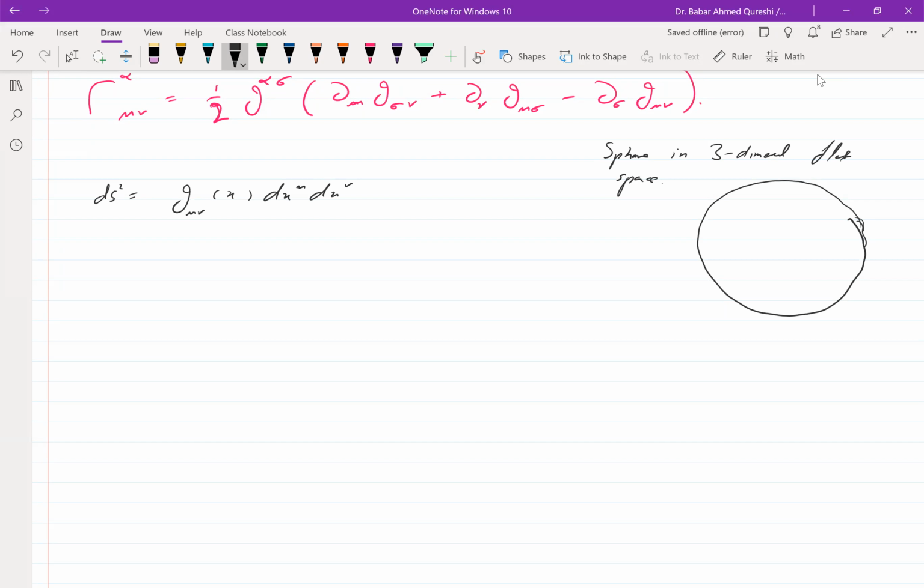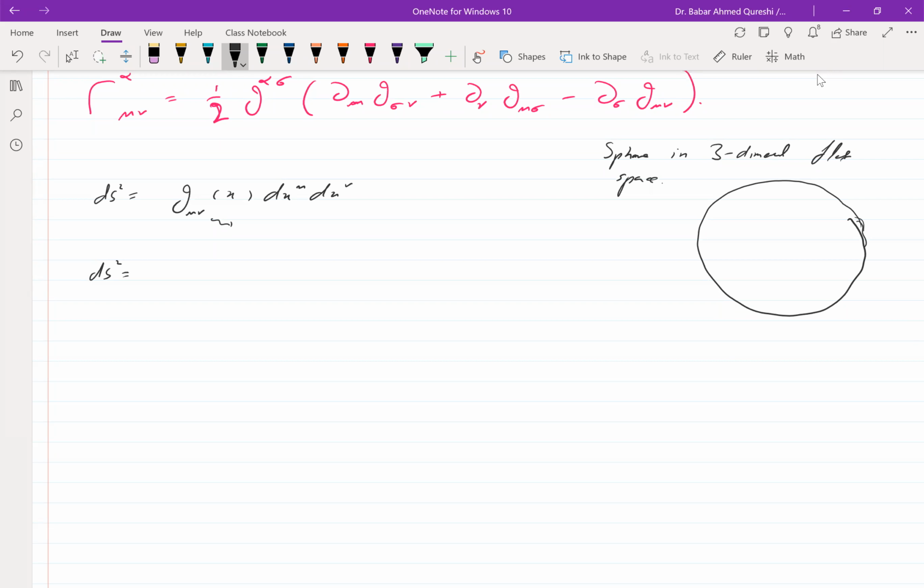How do I know that this is not a flat space? Because we have seen that we are allowed any kind of funny coordinates, and in funny coordinate systems, these coefficients can take any kind of crazy form. So if I'm given a metric, how do I know that it's flat or not? That we will discuss later.